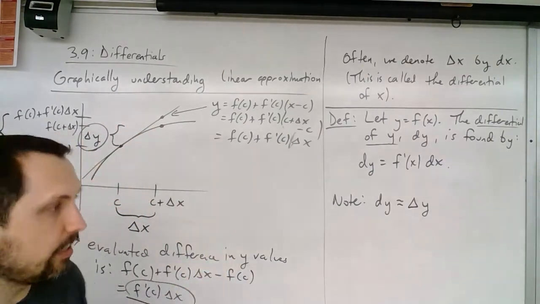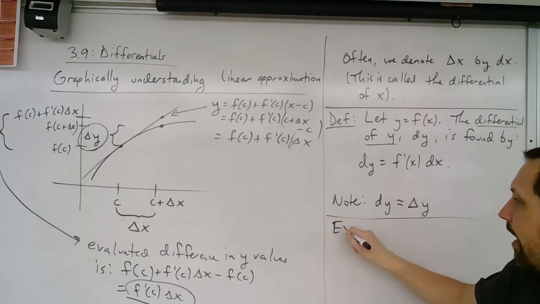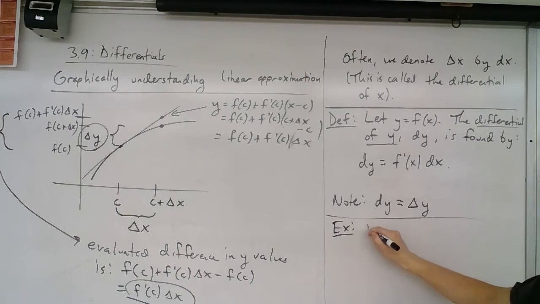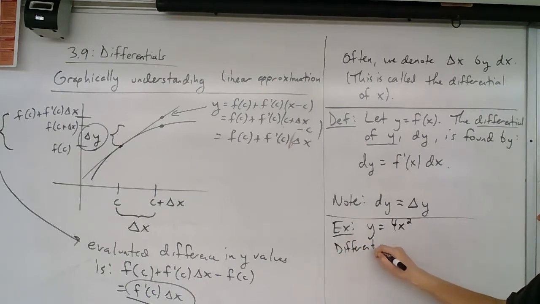So calculating differentials is very easy. If we look at an example, say y equals 4x squared, then to calculate our differential, our dy is just found by taking the derivative, 8x, and then we throw in a dx over there.